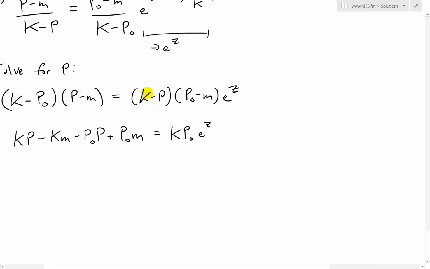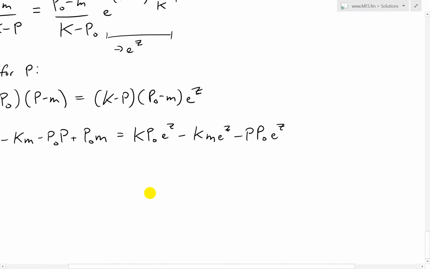Now we're going to do K times a negative m, times e to the z, so minus K m e to the z. Then negative p times p0 e to the z, and the last one, negative p times negative m, that's plus p m e to the z.